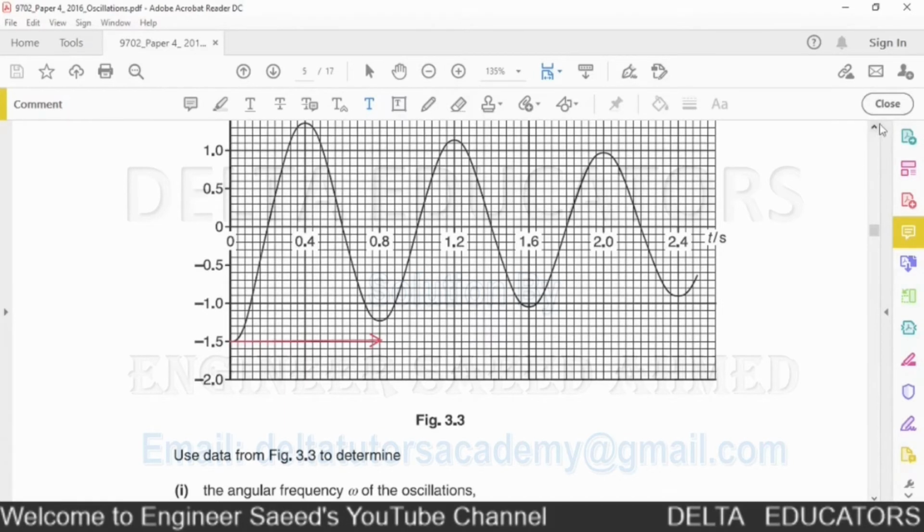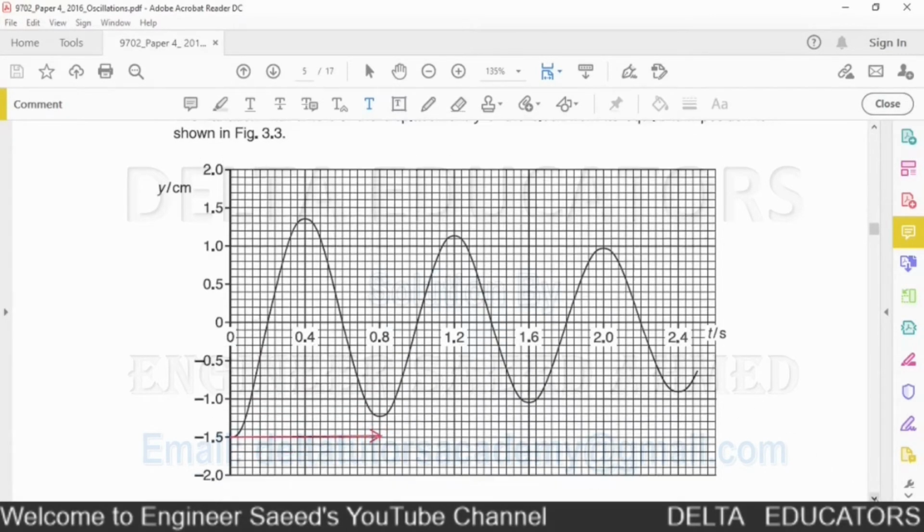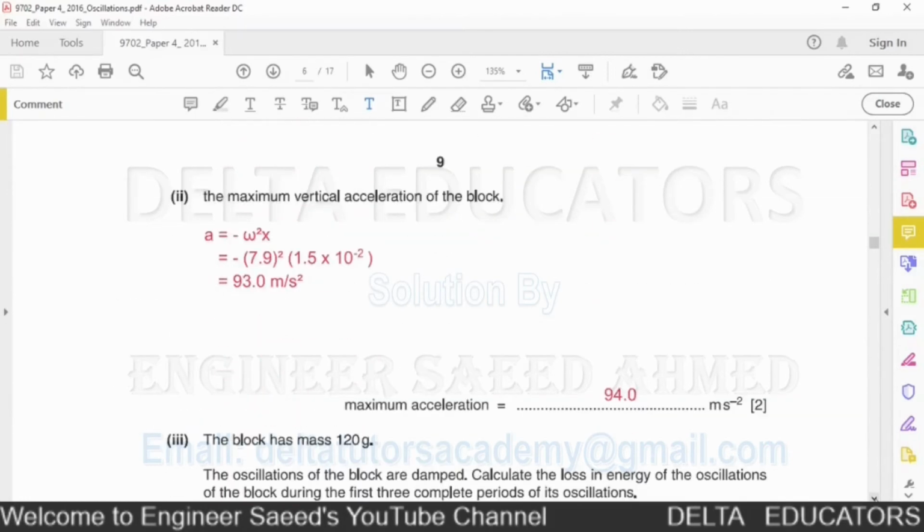But this amplitude is in centimeters, and here we have to consider this amplitude in meters. That's why we have to multiply this 1.5 by 10 to the power minus 2. And by solving this one, we will get the answer 93 or 94 meters per second squared. So the expression will be 93 meters per second squared.